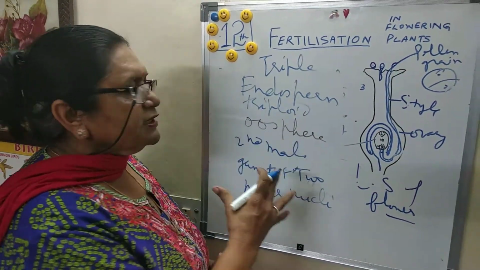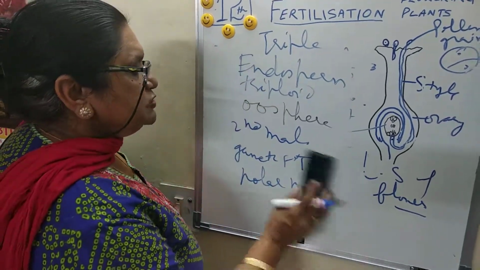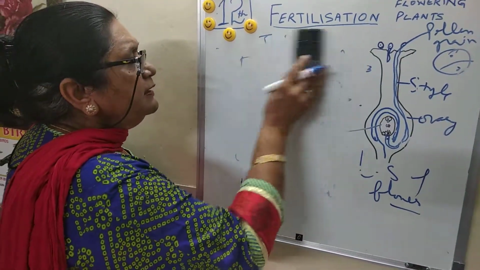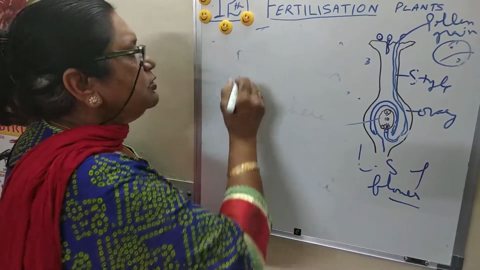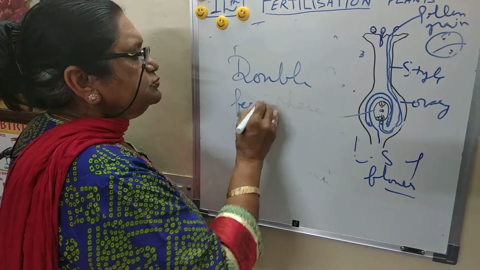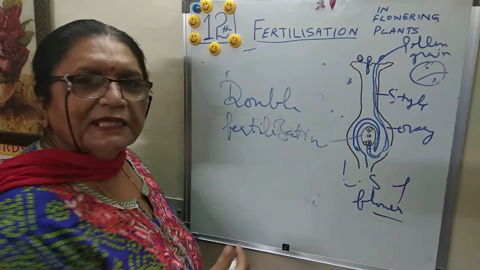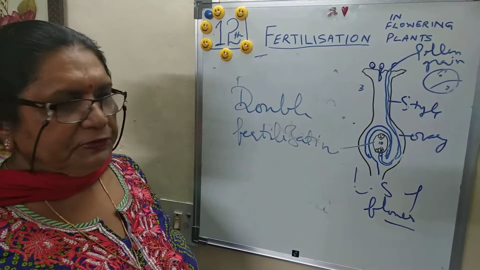So 2 structures are formed simultaneously. This phenomenon in angiosperms is called double fertilization, because 2 structures are formed simultaneously. One is the zygote, the second is the endosperm.